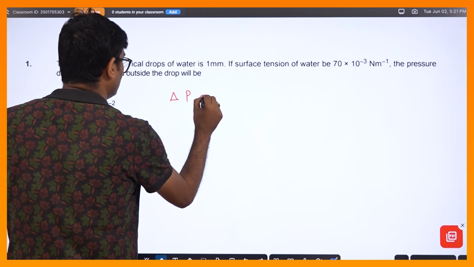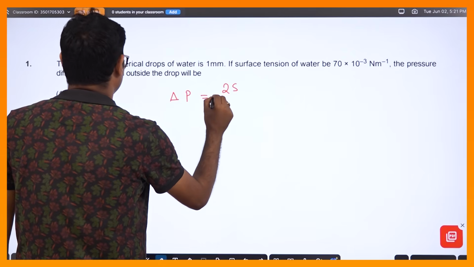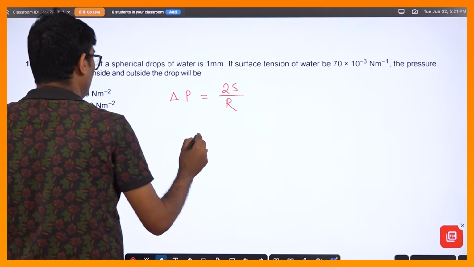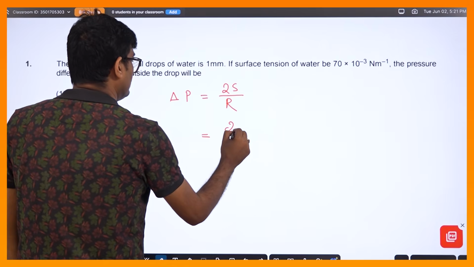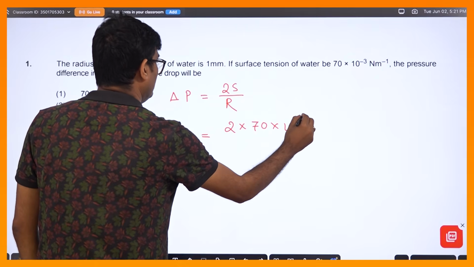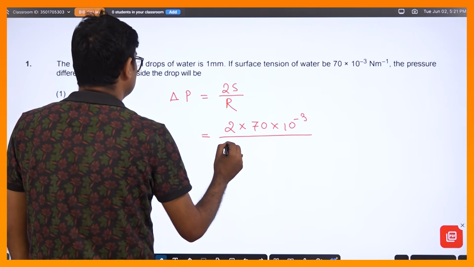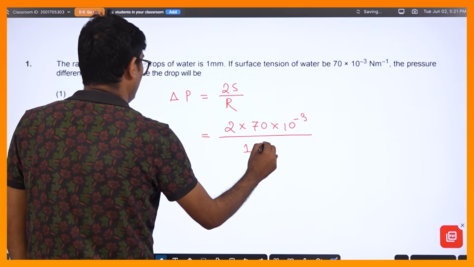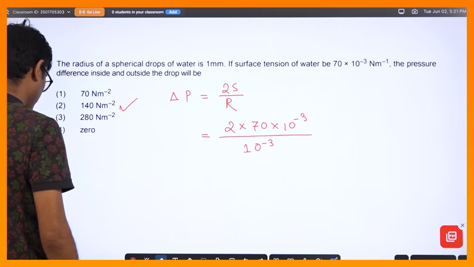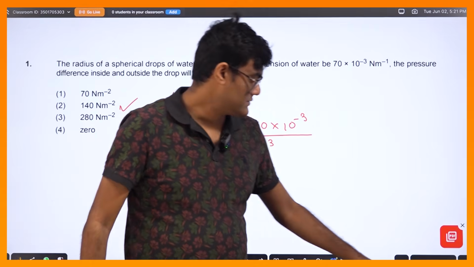So delta P is equal to 2s by r. This is the pressure difference. Surface tension is 70 into 10 power minus 3, and the radius is 1 millimeter, that is 10 power minus 3. So the answer is 140 Newton per meter square. This is the answer to the first question.